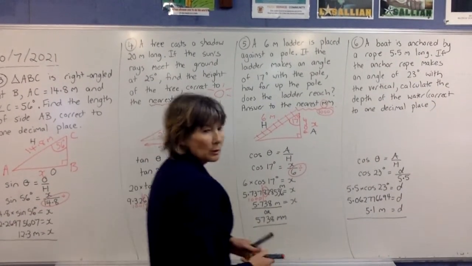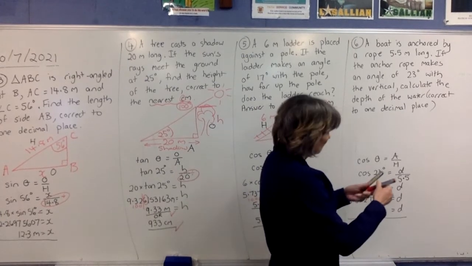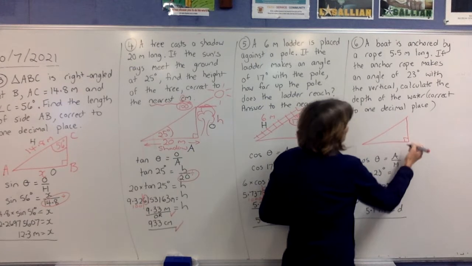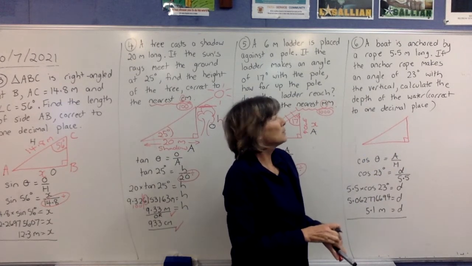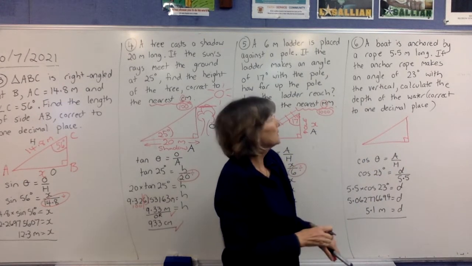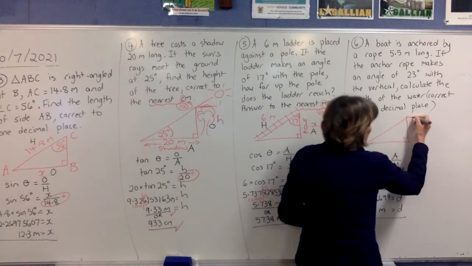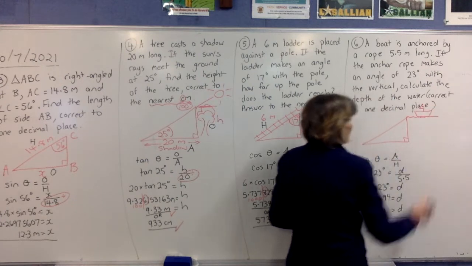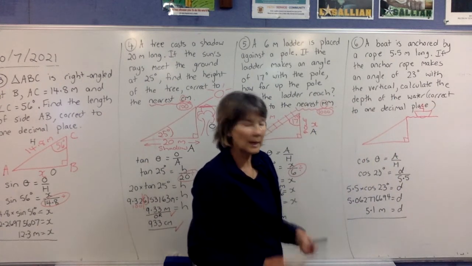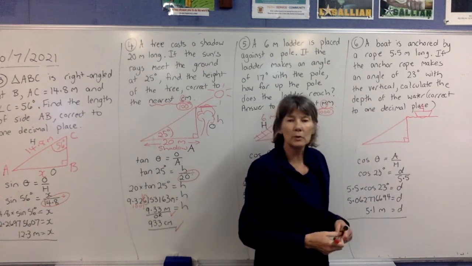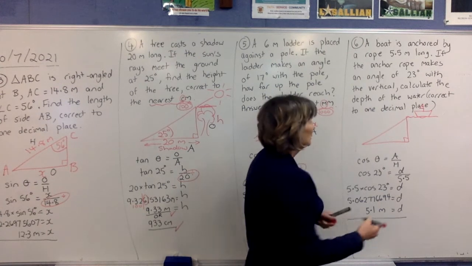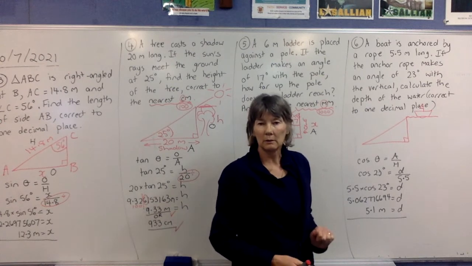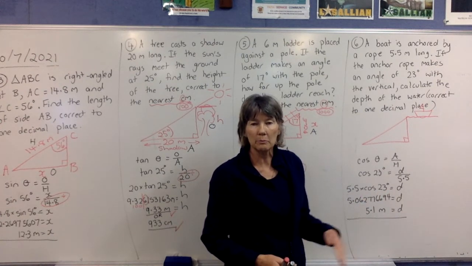Okay, the next question. A boat is anchored. So we've got to draw our right angle triangle. A boat is anchored by a rope 5.5 metres long. So here's your water level. Here is your boat. Okay, and if you've ever seen a boat with its anchor, boats are not going to sit directly above an anchor because the tide and the water is moving.